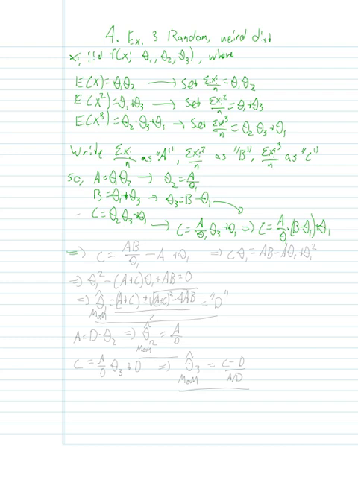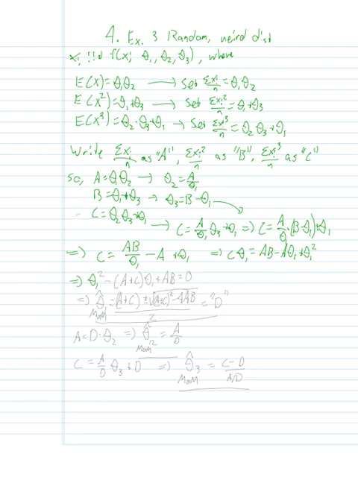Now, rewriting that, we get C equals AB over theta 1 minus A, plus theta 1. Or if we multiply left and right hand sides by theta 1, that gets us C theta 1 equals AB minus A theta 1 plus theta 1 squared, right?